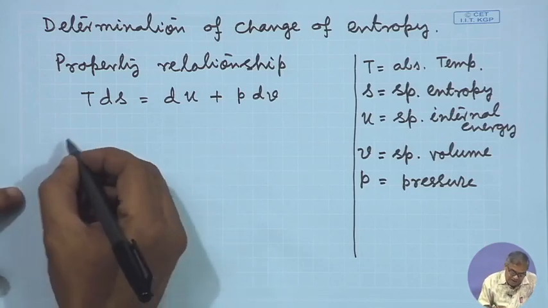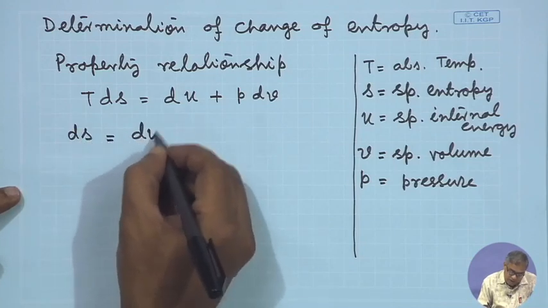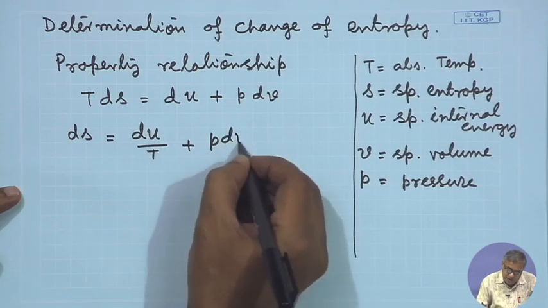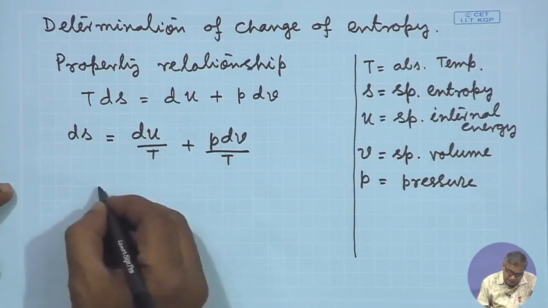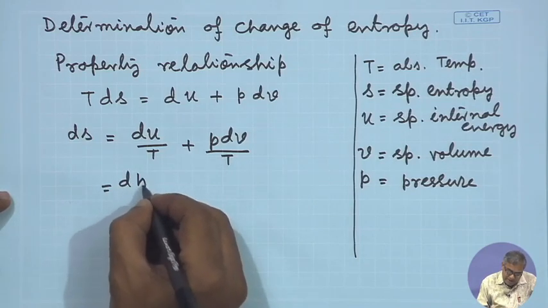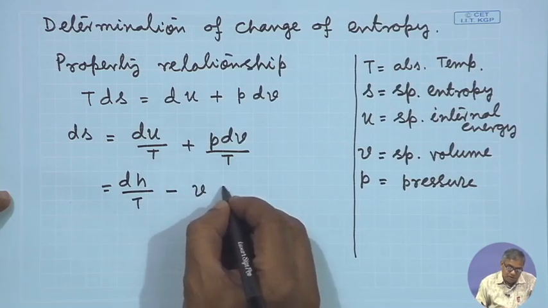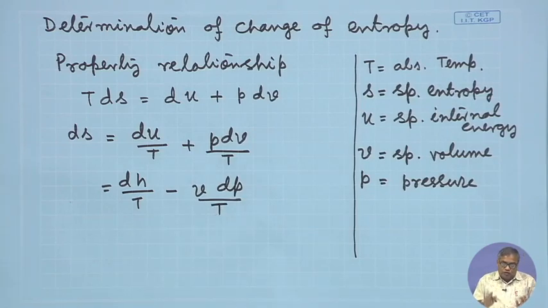Now, ds can be obtained as du by T plus P dv by T, and by some algebraic manipulation one can get dh by T minus v dP by T. So, these two relationships are very handy in determining change of property.